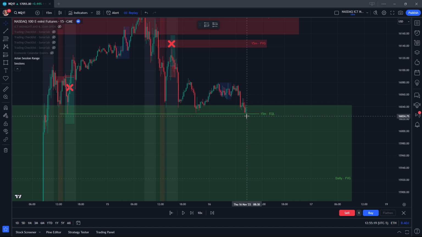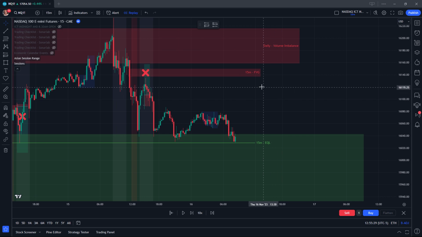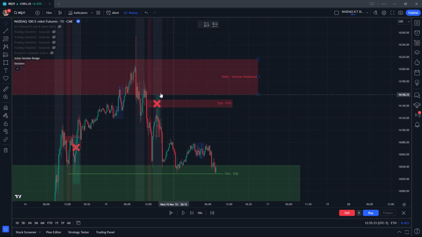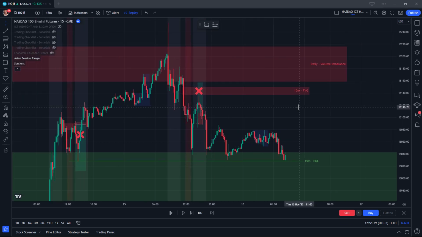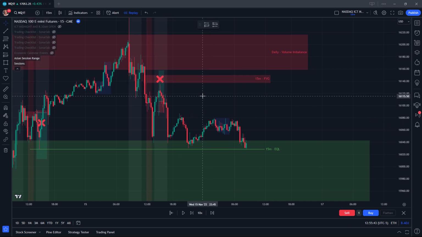I'm anticipating that price is going to want to maybe come into these lows here. I want to see it clearly taking that liquidity. I'm not expecting a massive range though, because we delivered from the daily volume imbalance, sort of rejected this 15-minute fair value gap there.